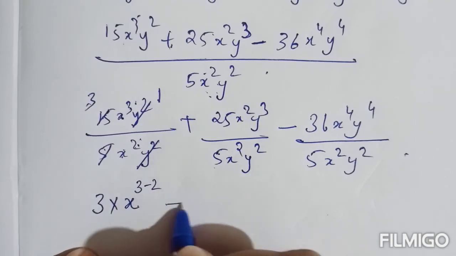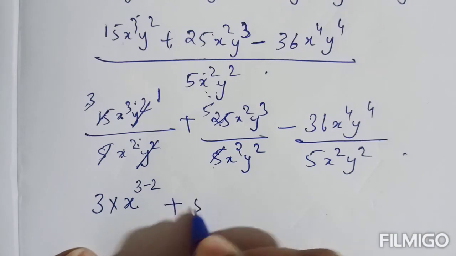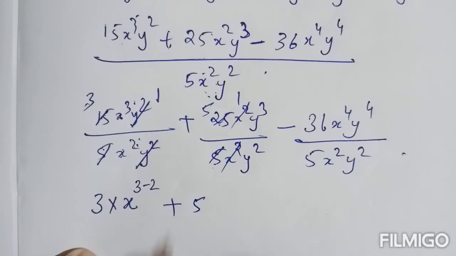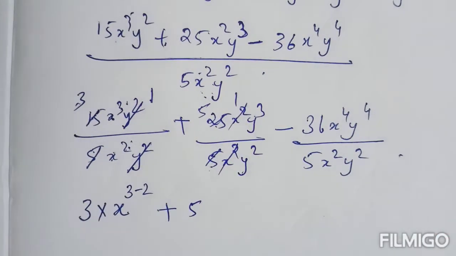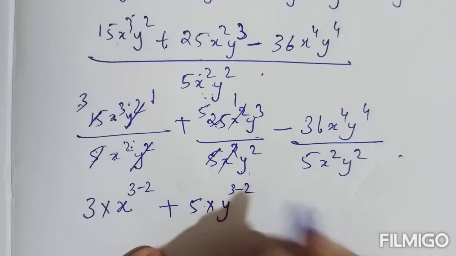Plus 25 by 5 is 5. x square you can cancel, it is 1. y cube by y square you can apply the quotient law, so you will get y raised to 3 minus 2.